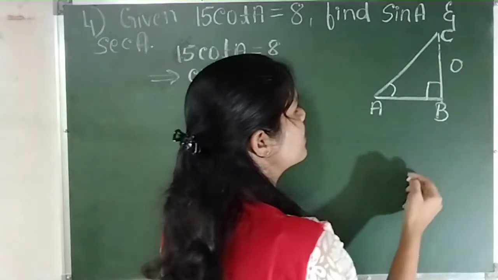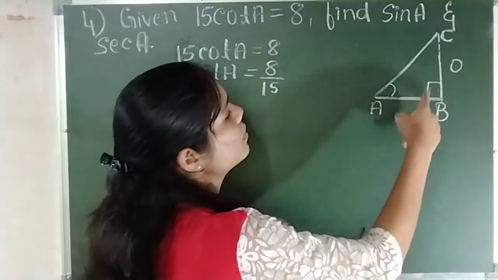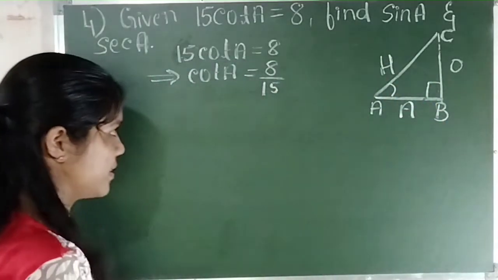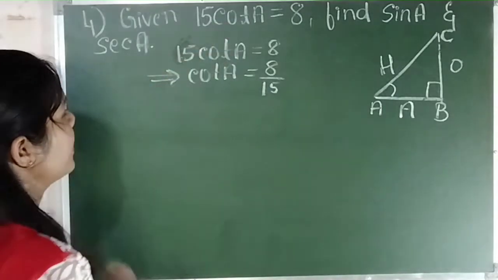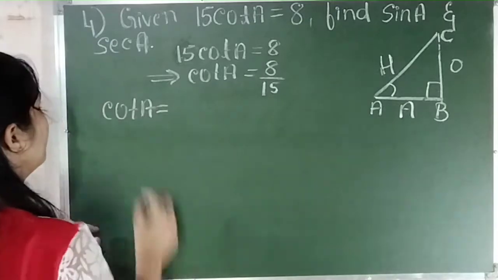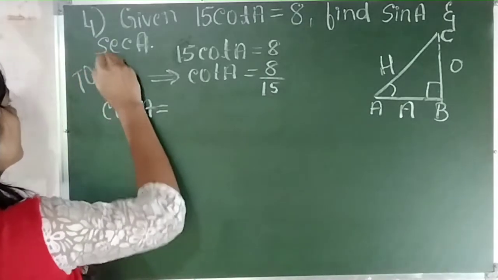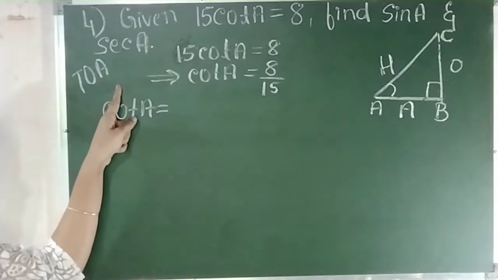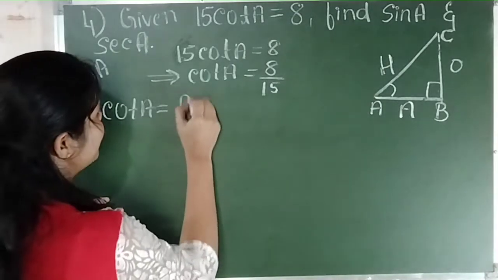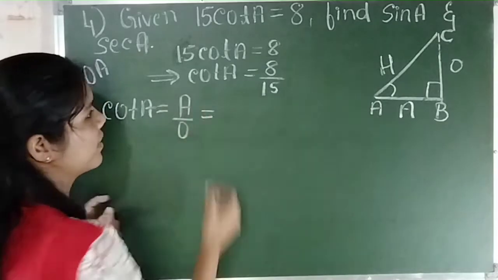This is the opposite side. The side opposite to 90 degrees is the hypotenuse and the remaining side is the adjacent. Now cot A. What is the formula for cot A? We know tan A is opposite by adjacent. Cot A is just the reciprocal of tan, that is adjacent by opposite.